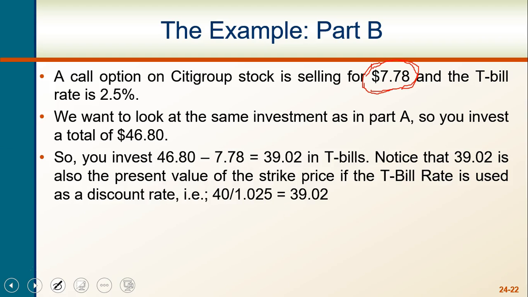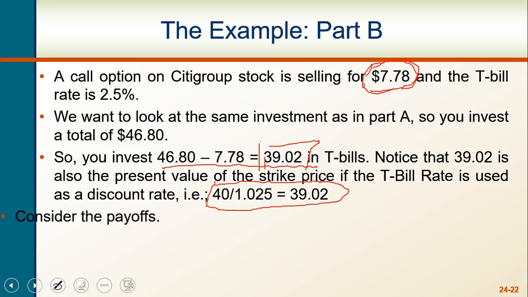So we invest $39.02 in T-bills. You can see it checks out. We had also computed the same thing by using the present value: if you computed the present value of the exercise price, that also came to $39.02. So everything checks out, and we are ready to look at the payoffs of this particular strategy.